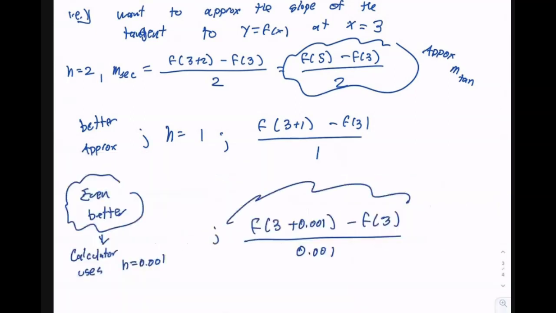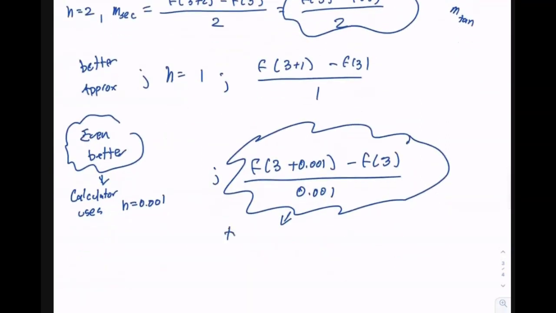And this right here is typically a close enough value to the slope of the tangent. Now, we will learn how to find the exact value of the slope of the tangent. We will learn how to not do it by approximating.